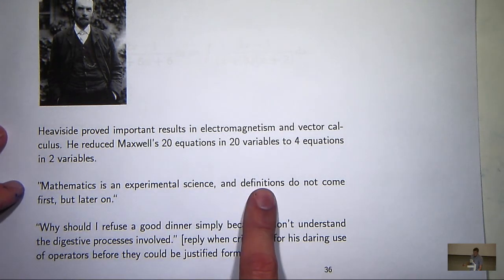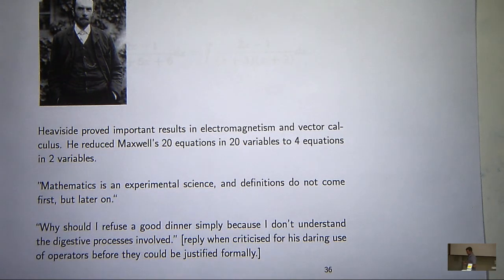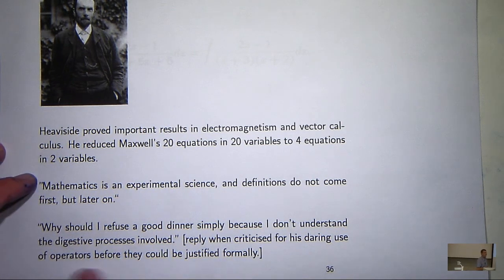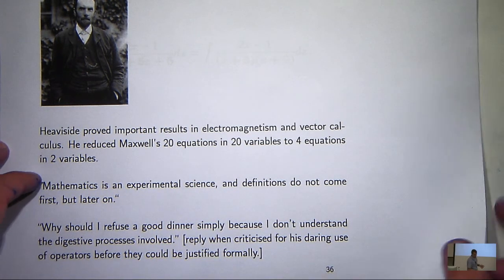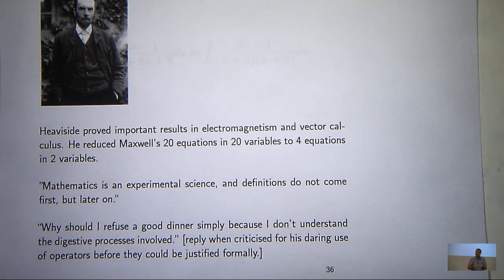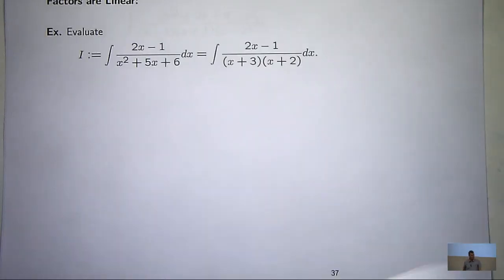used today. Anyway, Heaviside was a bit of a rebel, really. He used to have arguments with all sorts of people because he would just do stuff without formally justifying it. A couple of good quotes here: mathematics is an experimental science, and definitions do not come first, but later on. In other words, you do the experimentation first, and after you've played around a bit, then you go back and precisely define things.